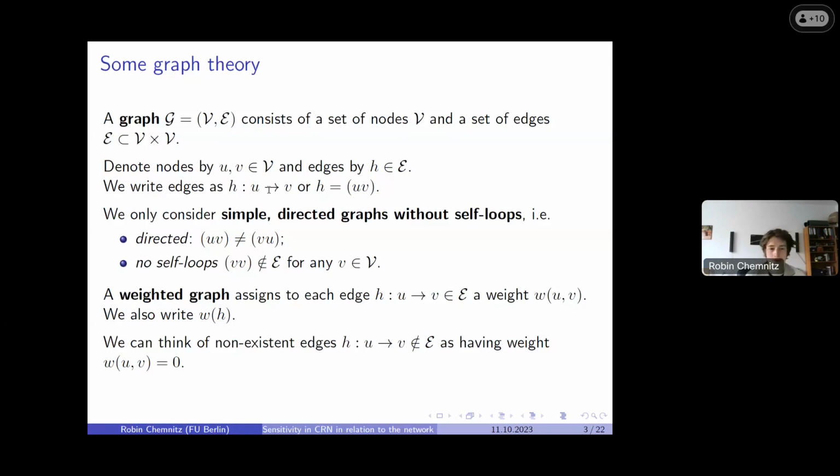One last comment that will be useful later: if we have a pair uv such that the edge from u to v is not an edge in the graph, we can still write h from u to v, and if it is a weighted graph, we will just say it has weight 0. So it's not forbidden to talk about this object just because it's not an edge in the graph, it will just have weight 0.